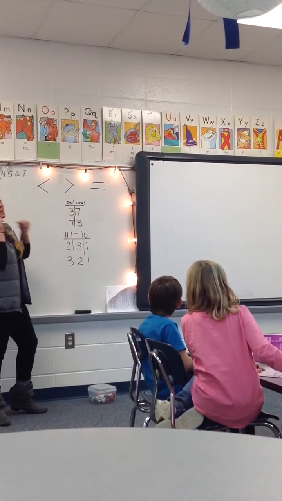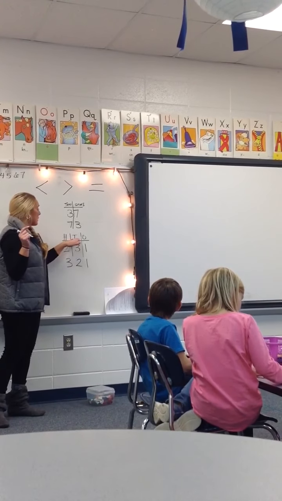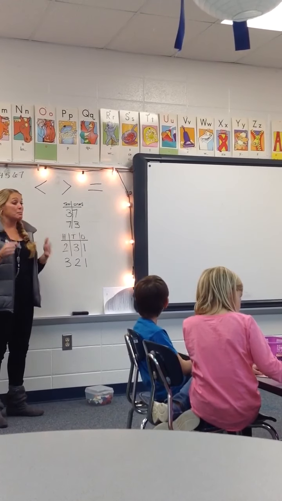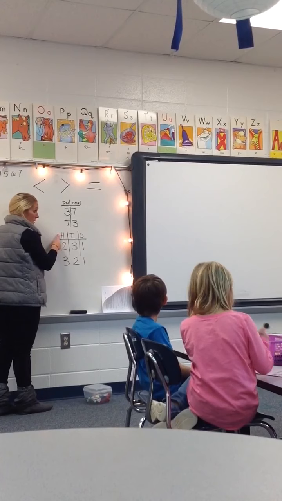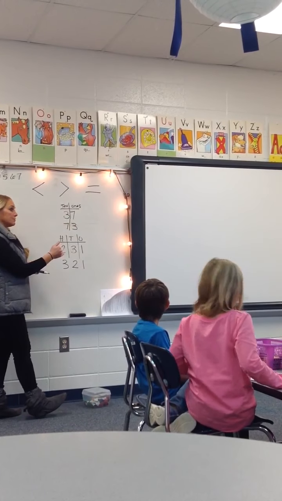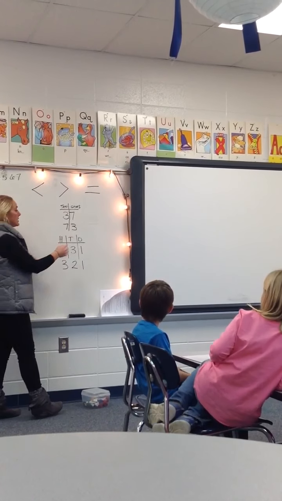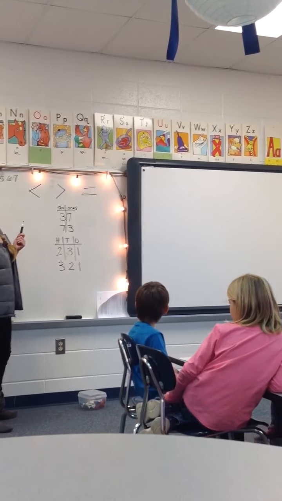If we went the other way, next would be 1,000 over here, if we add another digit. We have hundreds, tens, and then ones. So we have to make sure that our largest number goes in the hundreds. Our next largest number would go in the tens, and then my smallest number would be in the ones.